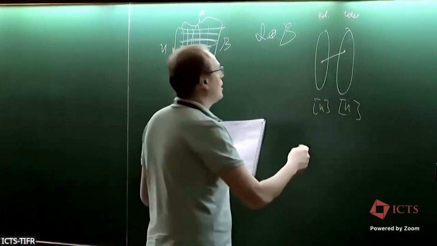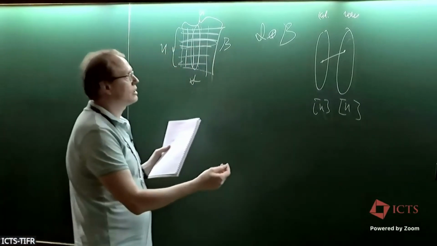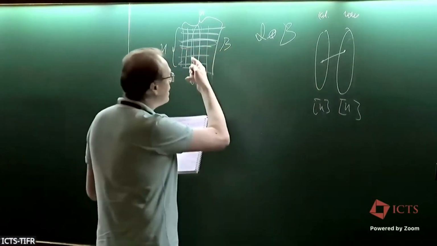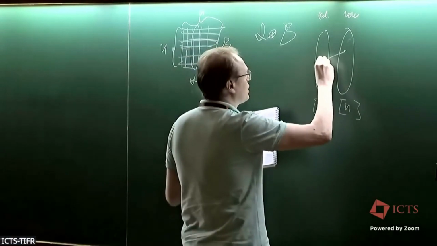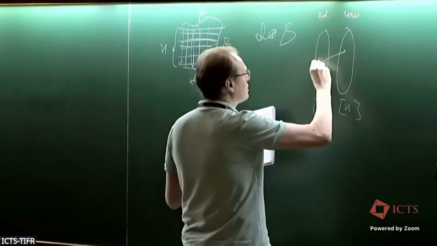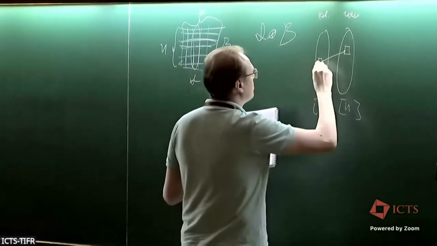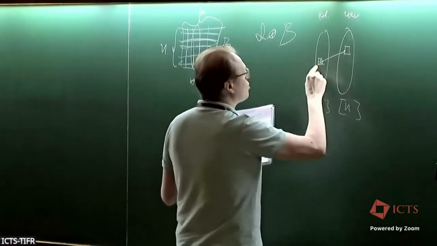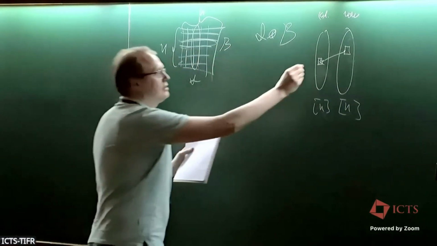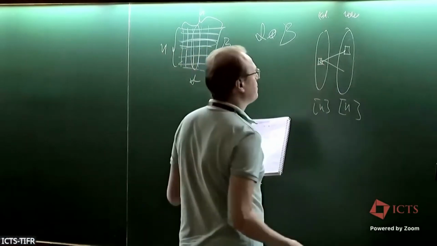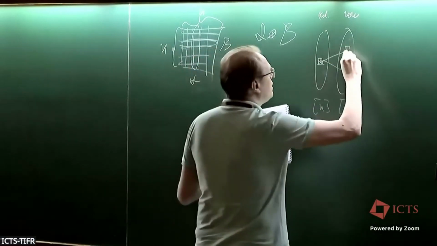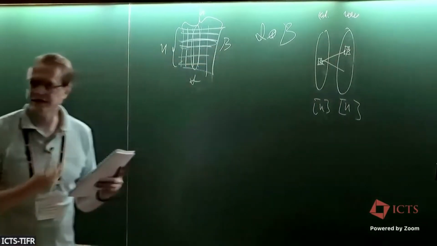What Tanner showed is that you can view this tensor product code as a special case of his construction, Tanner codes, when we have local code A everywhere here, and local code B everywhere here.